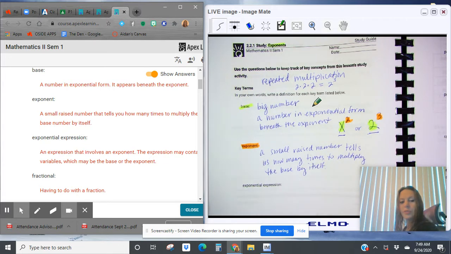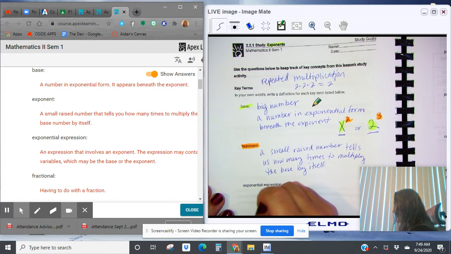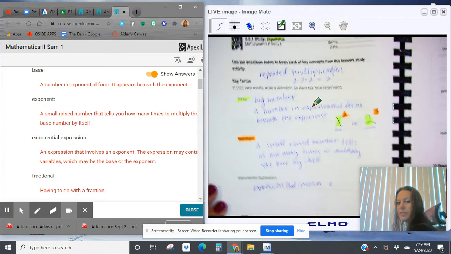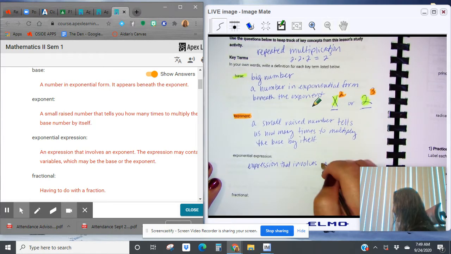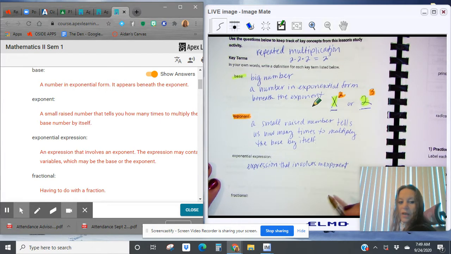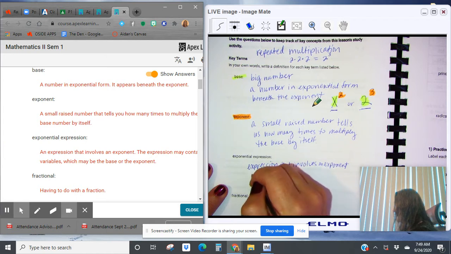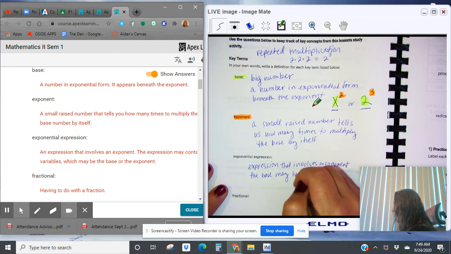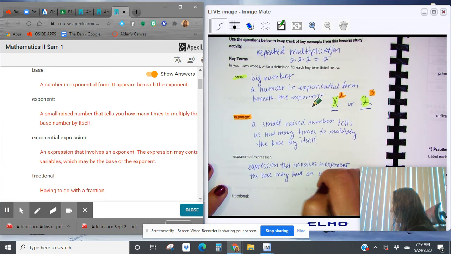An exponential expression is just an expression that involves an exponent. It may contain variables. So the base may have an exponent.